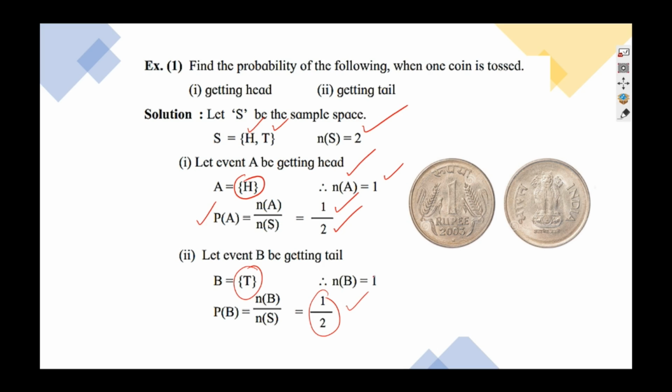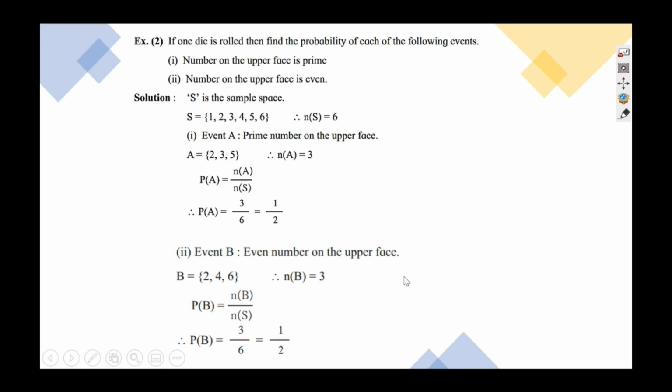And mathematically we write it in the form of 1 upon 2, a fraction, which is derived from the formula we just understood: number of sample points in the given event over number of sample points in the sample space. In this way we will substitute the values in the formula and do the rest of the sums given in the textbook.